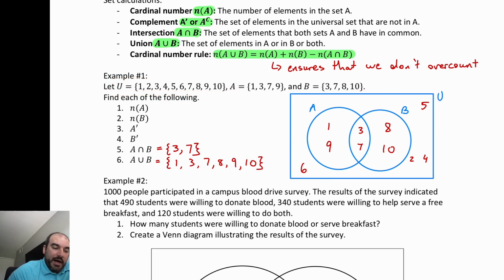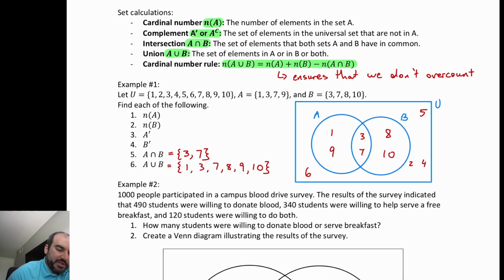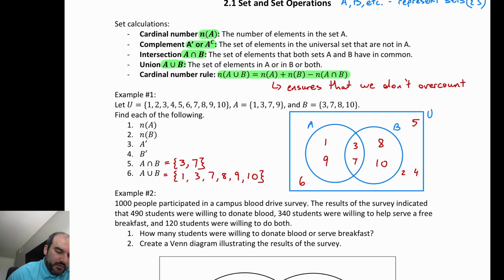Overall, so I put everything in A and B where they belong in these 2 circles, and then whatever was left over, since they don't belong to A or B, I just put them in the box. We just don't put them inside of either of these circles because they don't belong in sets A or B. So these are just the extra numbers that were in this universal set. Any other questions before I move on from this stuff?